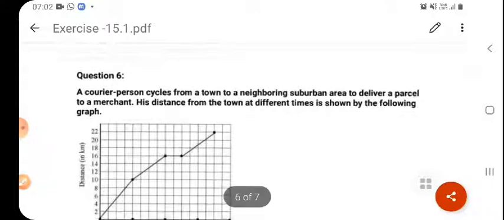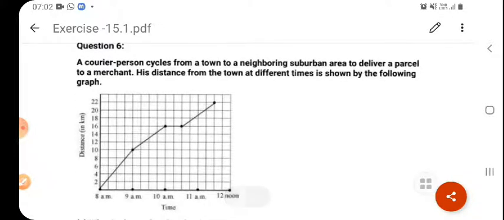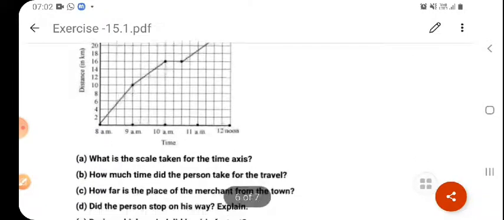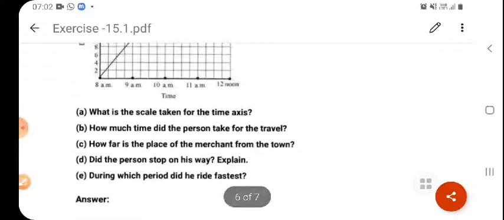A courier person cycles from a town to a neighboring suburban area to deliver a parcel to a person. His distance from the town at different times is shown. What is the scale taken for the time axis? You can see the scale on the y-axis is 0 to 2, 2 to 4, 4 to 6, and on the x-axis it is 1 hour's time. 1 hour is equal to 4 units, and on the y-axis 1 unit is equal to 2 kilometers.